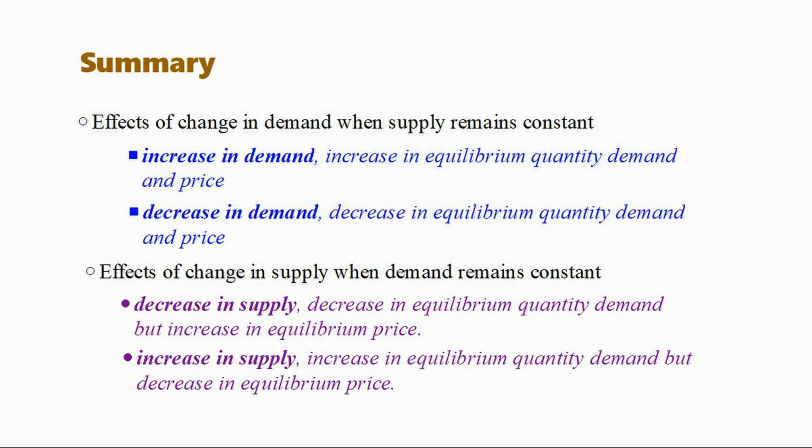The lower the supply of the commodity, the higher the equilibrium price, but the quantity will obviously decrease. Increase in supply, it's obvious it will create excess supply, and that will result in equilibrium price becoming very low or decreasing. This is what we have seen in today's session in brief.